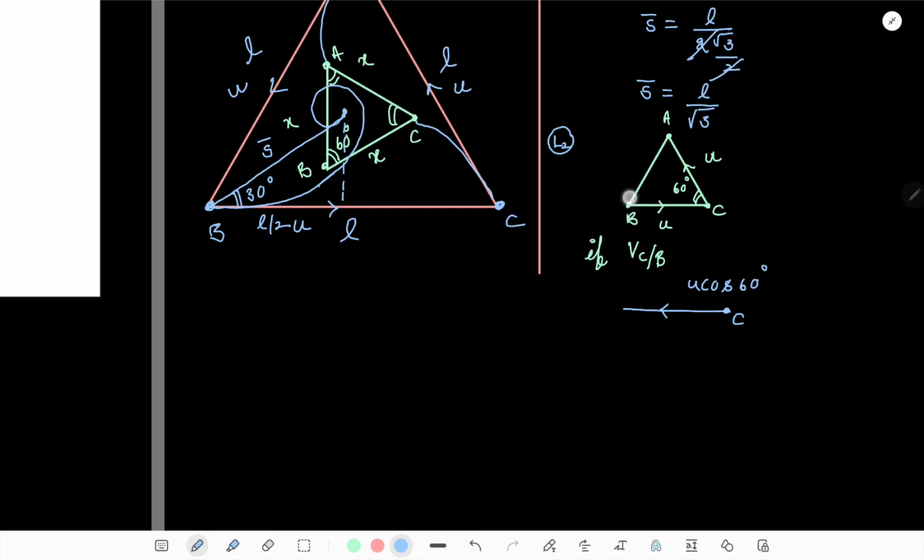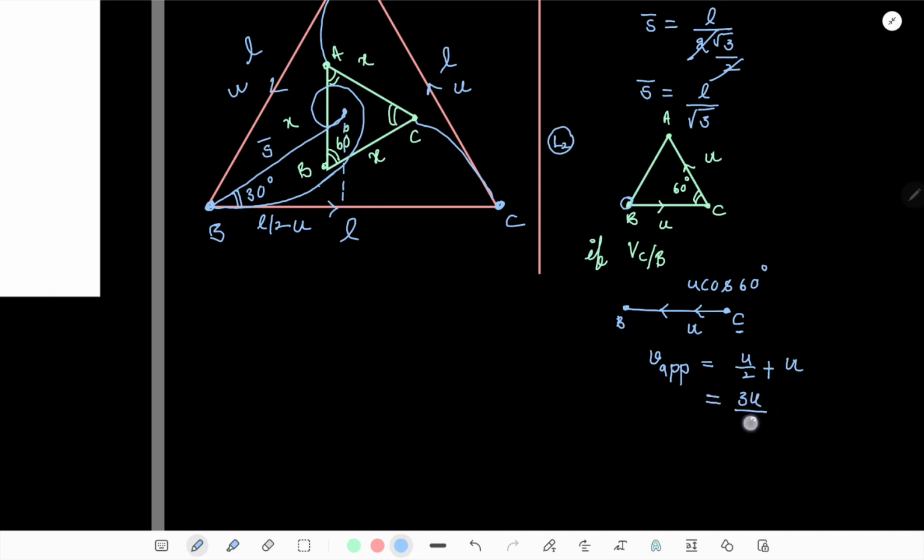So I have to reverse the direction of B's velocity and add it to C. If I do that, that will be in the same direction as u cos 60, which is the velocity of C with respect to B. Therefore C is approaching B with a velocity of approach equal to u cos 60, which is u by 2, plus u, that will be equal to 3u by 2.